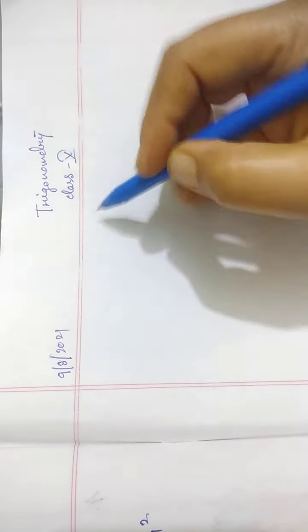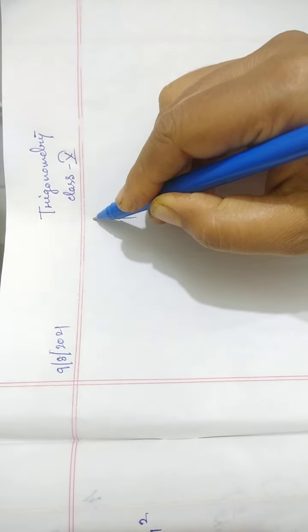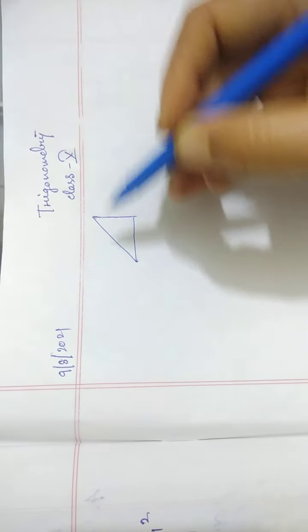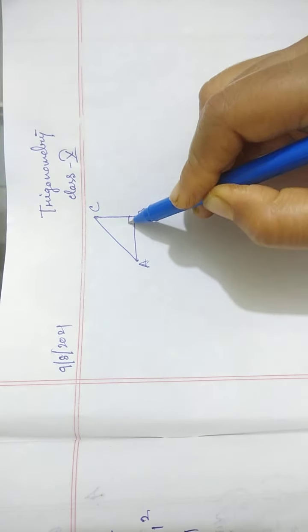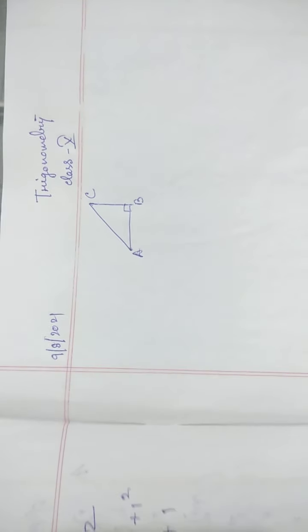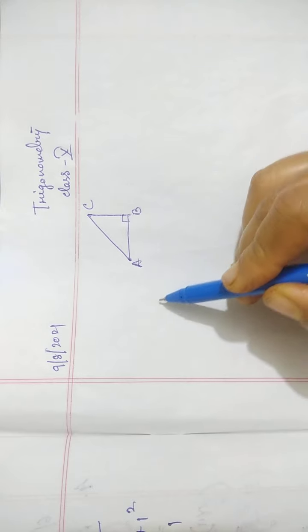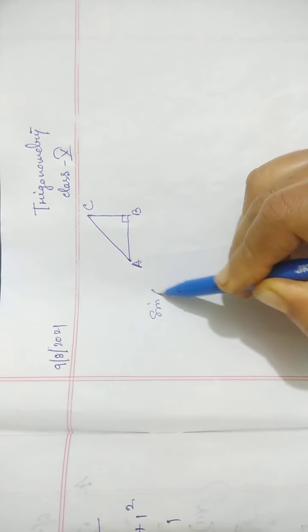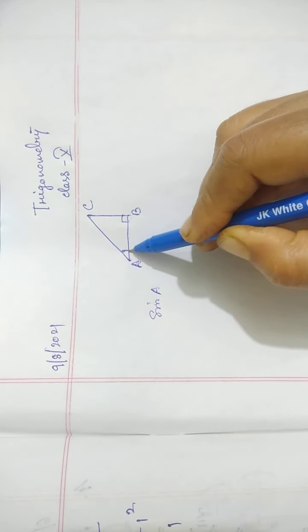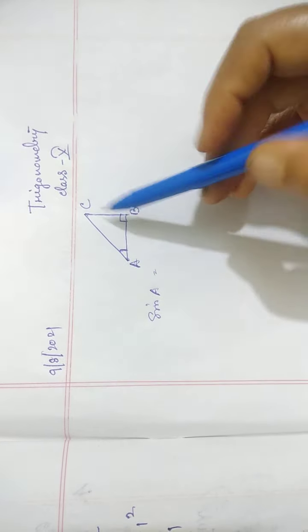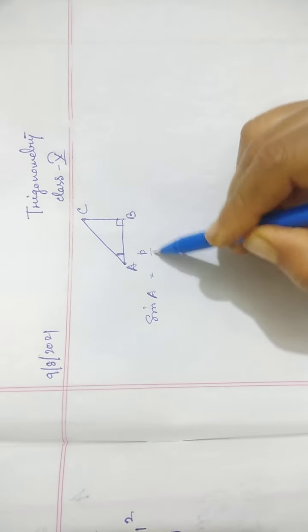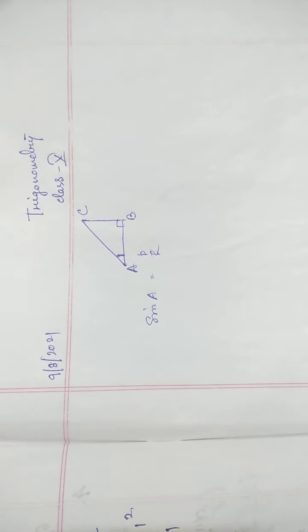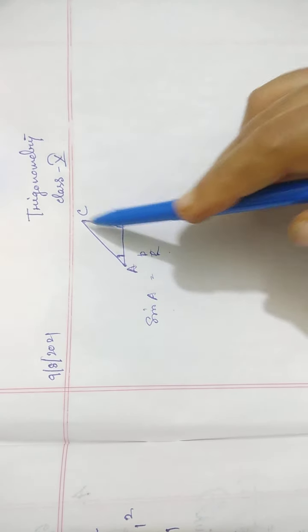If this is a right angle triangle, say it is A, B, C, with the right angle at B, then sine A, what do you know? Perpendicular by hypotenuse, is it not? So sine A means BC by AC.